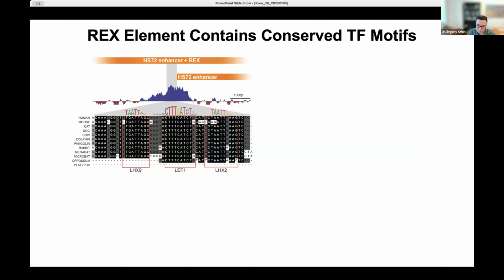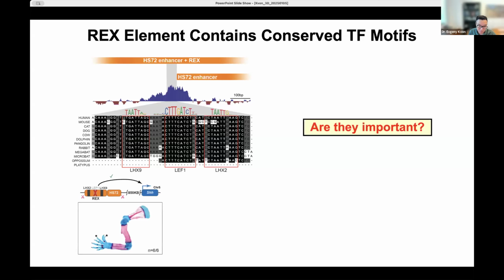And to test if any of these motifs are actually important, we made another knock-in mouse where we now have a range extender with a mutated LEF1 motif next to the HS72 enhancer. In this case, the knock-in mice had fully developed limbs, suggesting that this LEF1 site is not critical for range extender activity.